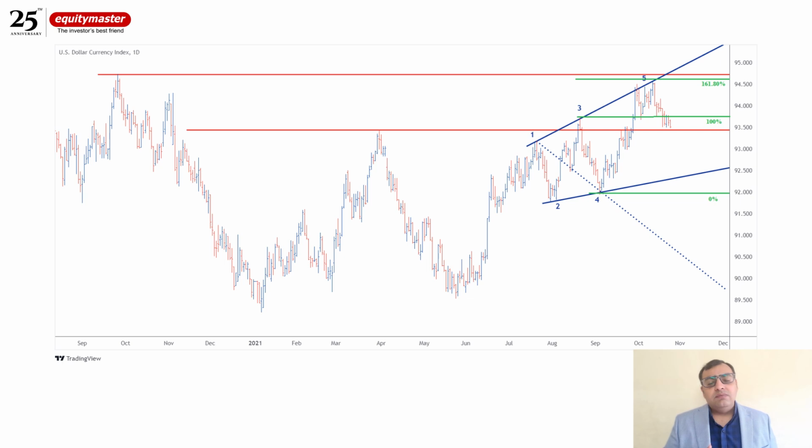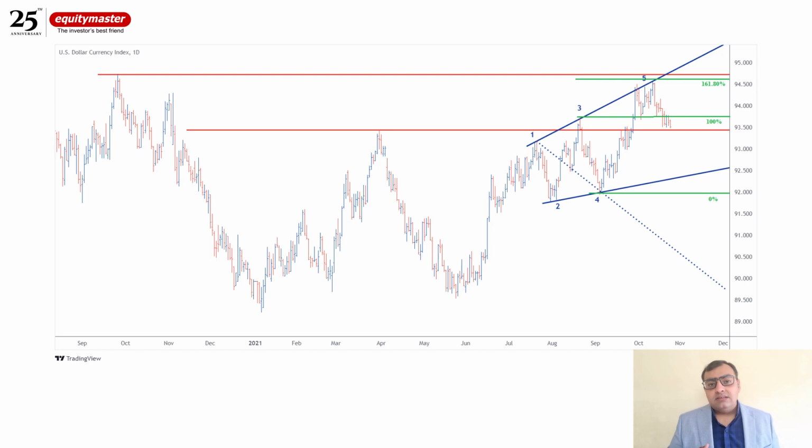If you look at the numbering 1 2 3 4 and 5 on your screen, the wave going in 1 2 3 4 and 5 generally triggers the reversal levels. In the same dollar index chart, we have seen that prices are reversing from 5. We have seen twice and thrice this level was tested, but in the end it reversed from the resistance zone. So it marks a crucial reversal level.